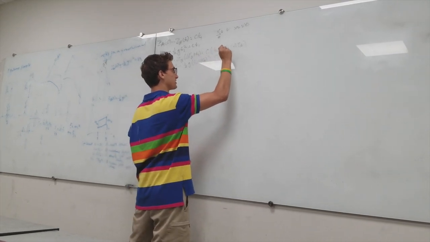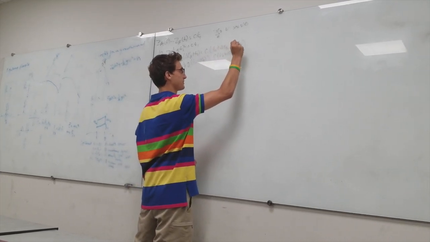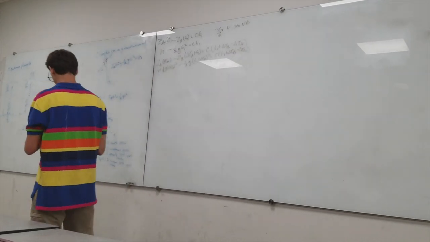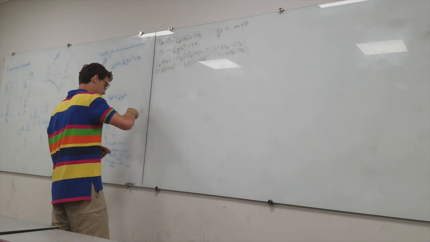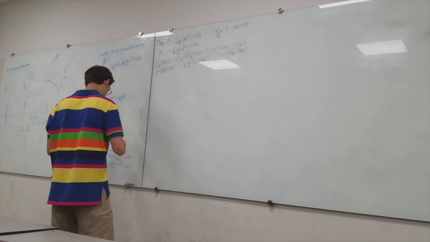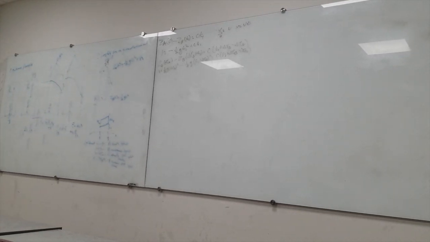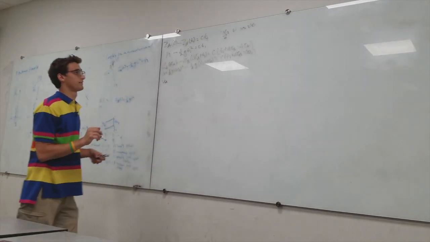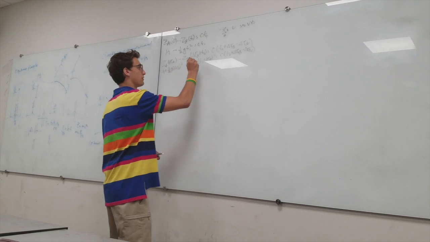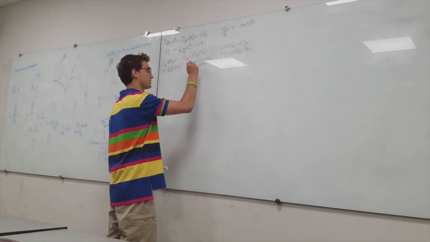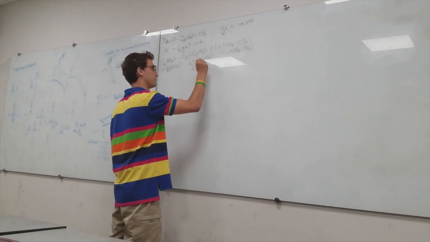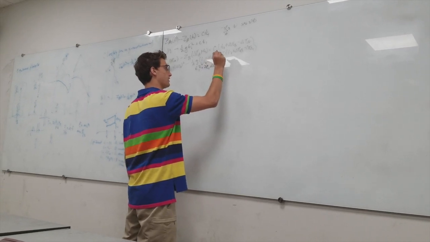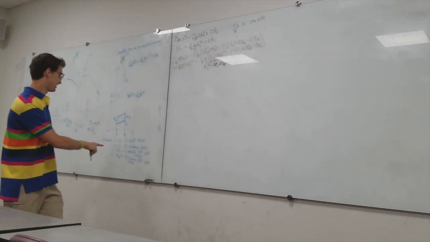Now this marker is not doing me any more justice. Okay, so we're going to expand this: t1 squared plus 2 t1 delta tb plus delta tb squared. Now, I have a question. Yeah.